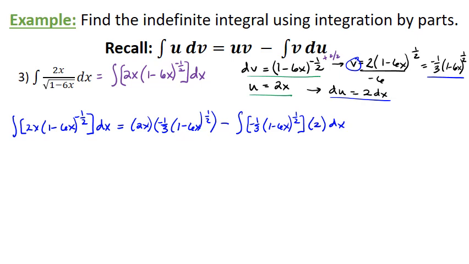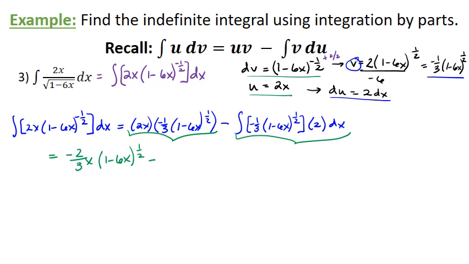All right, so a little bit of simplifying required. So for this, 2 times the 1/3 gives us a negative 2/3 x times the quantity 1 minus 6x to the 1/2 power, minus, let's simplify this a little bit.